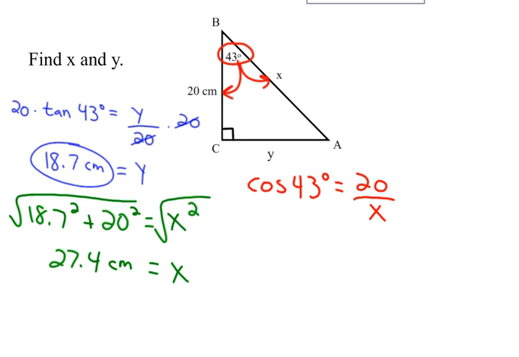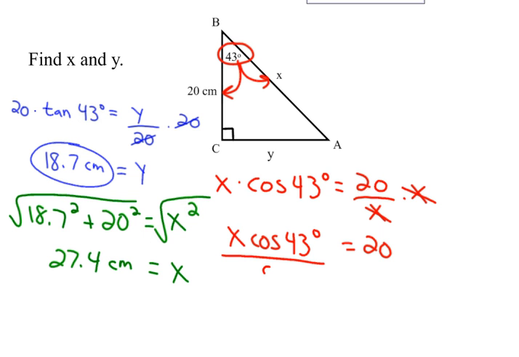And now we would solve for x. We would multiply both sides by x. The x's would cancel out. We'd have 20 left over there equals x times the cosine of 43 degrees. Cosine of 43 is just a number. If we want to get the x by itself, we divide both sides by the cosine of 43 degrees.